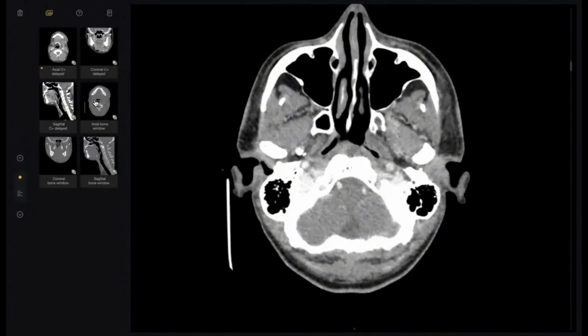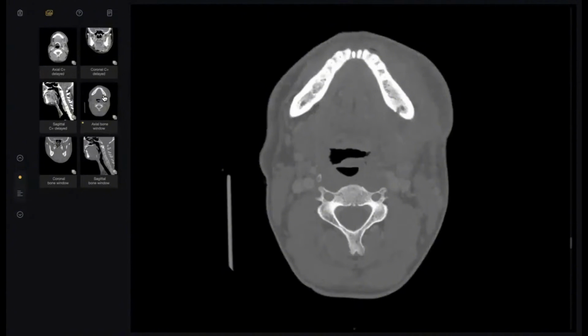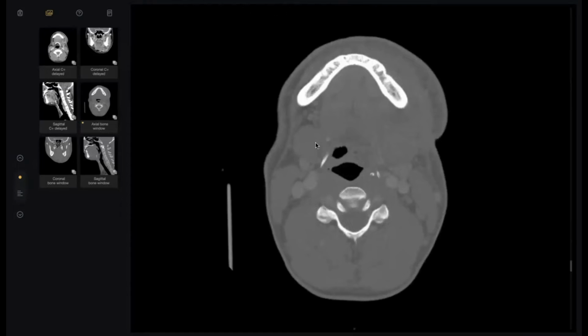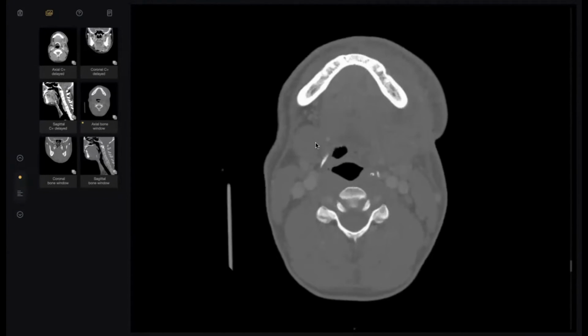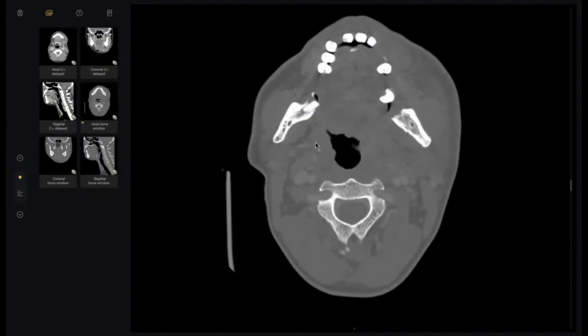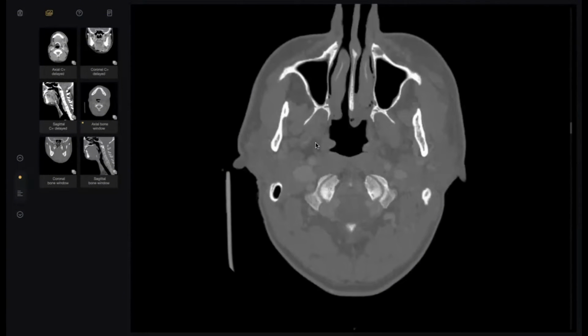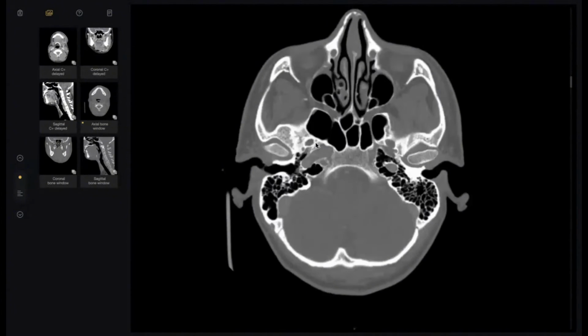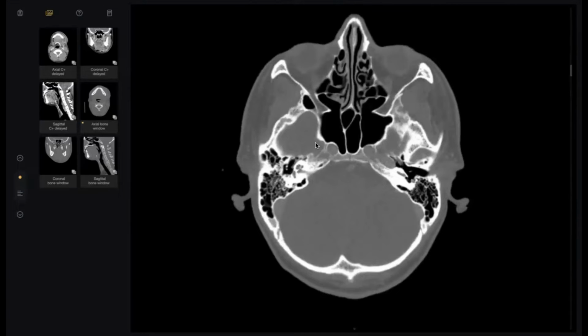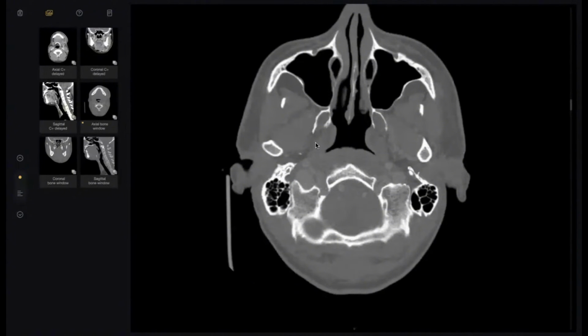Can I open the bone window? Yes, sure. Okay. The bone appears normal. I couldn't see bone destruction. I couldn't see any extension also to the brain parenchyma.